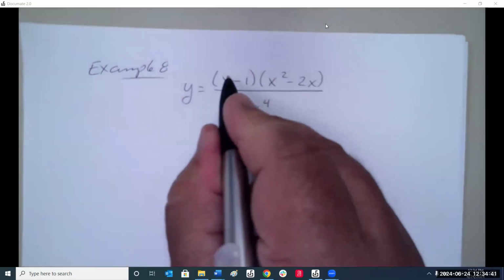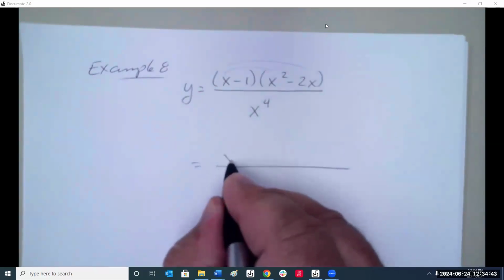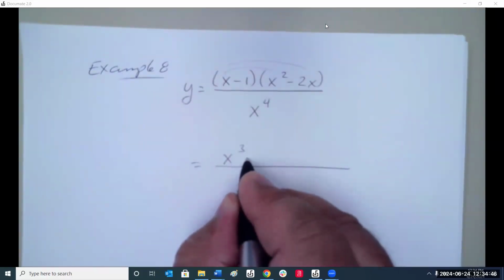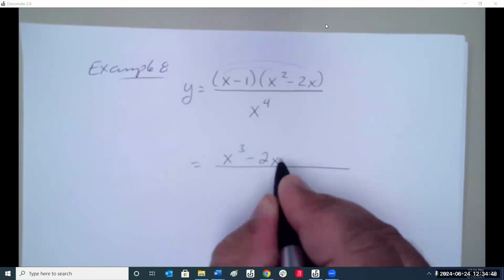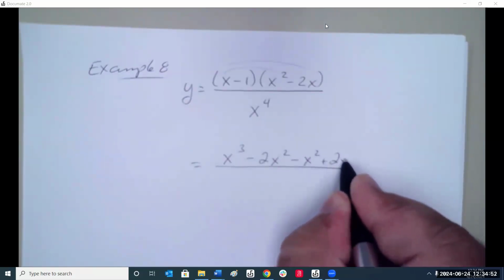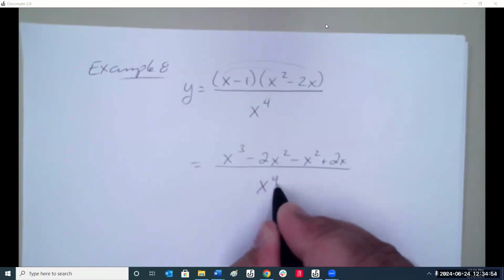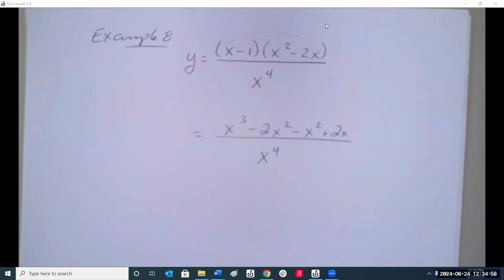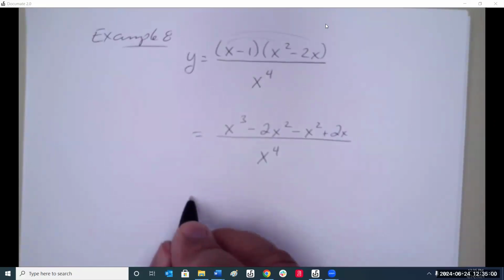If we multiply these two together, we get x cubed minus 2x squared minus x squared plus 2x over x to the fourth. Combine like terms.